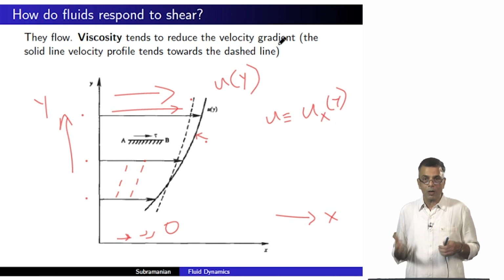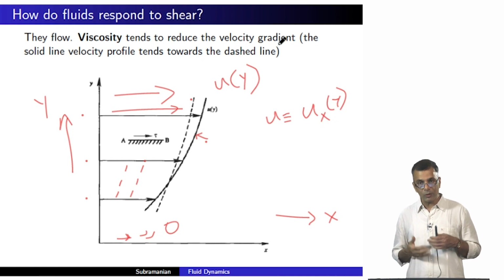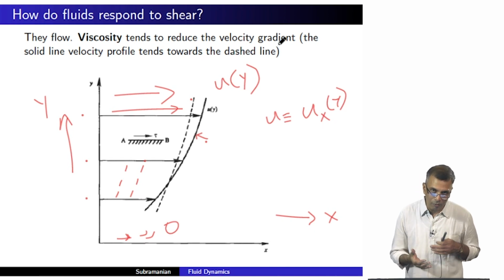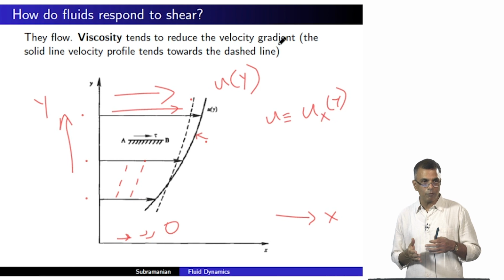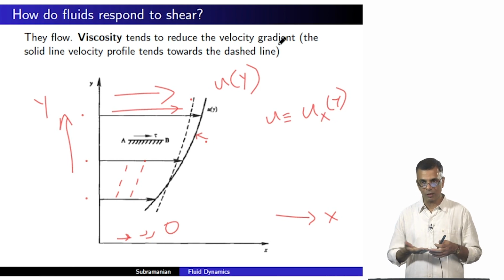Viscosity is that property of a fluid which makes it resist shear. Although it does flow, a fluid cannot resist shear, and how much it flows depends upon the viscosity inherent in the fluid.